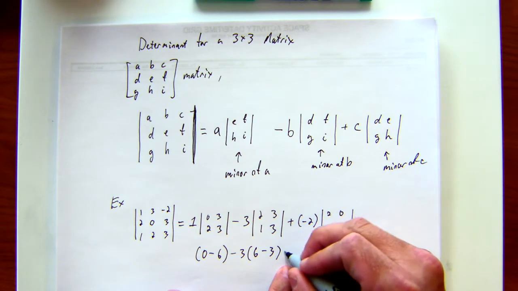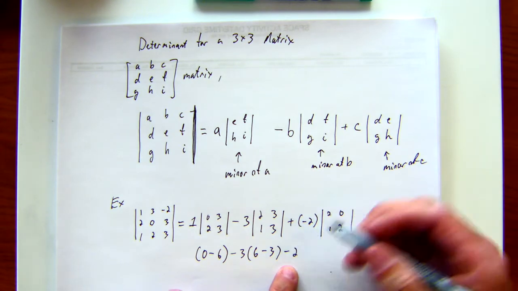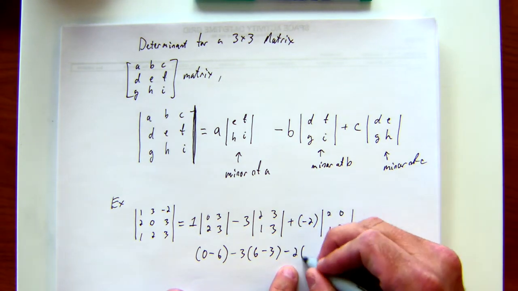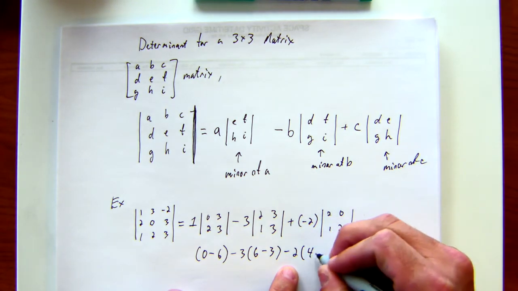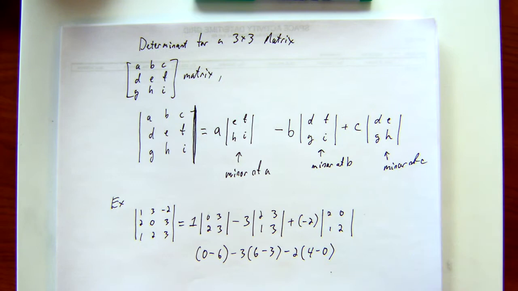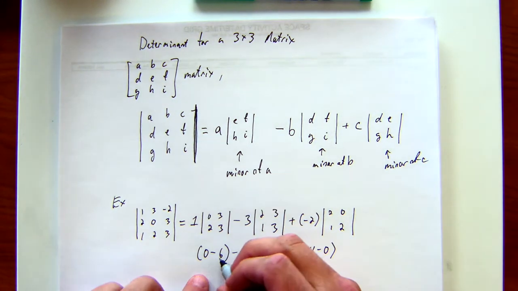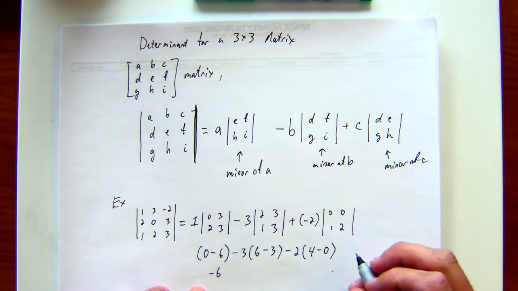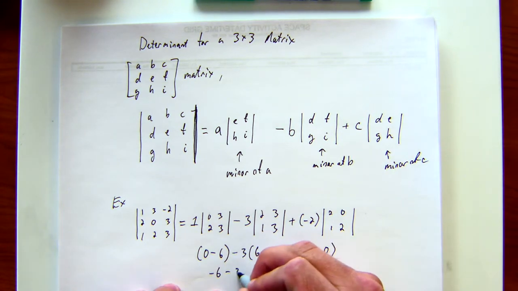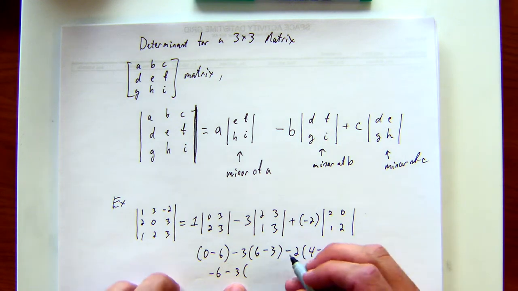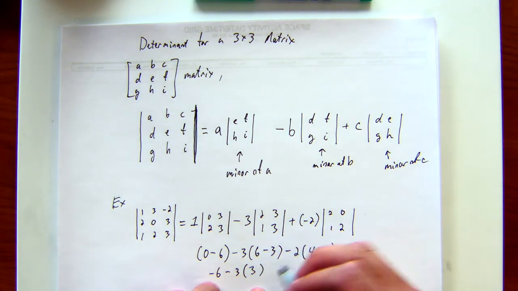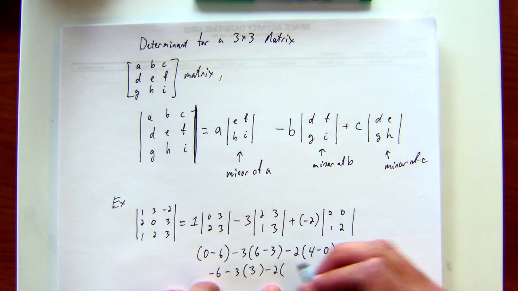And I can go ahead and write this as minus 2 if I want, plus a negative 2, the minus 2. And then what's the determinant of this one? 2 times 2 is 4, minus 0. Everybody okay? So now this is a negative 6 minus a 3 times, what's 6 minus 3? Just a positive 3, minus a 2 times 4 minus 0 is 4.